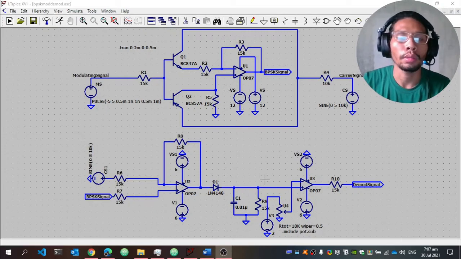So now I have already built the modulator circuit for the BPSK signal. This is the carrier signal for the BPSK demodulator circuit, and the BPSK signal will be fed into the same op amp for the demodulation process.